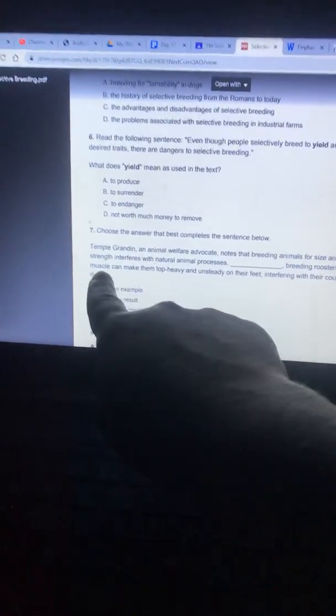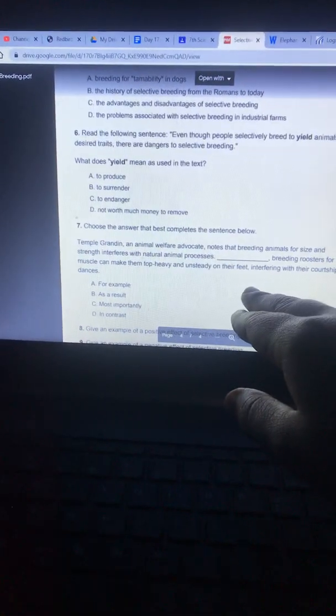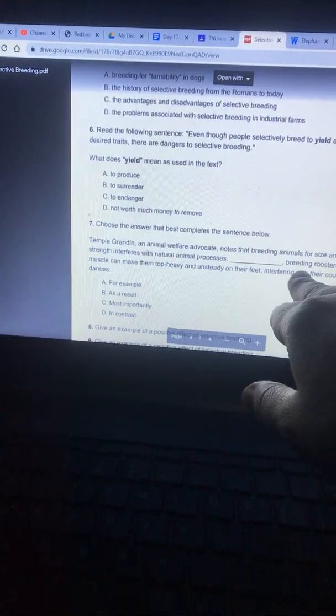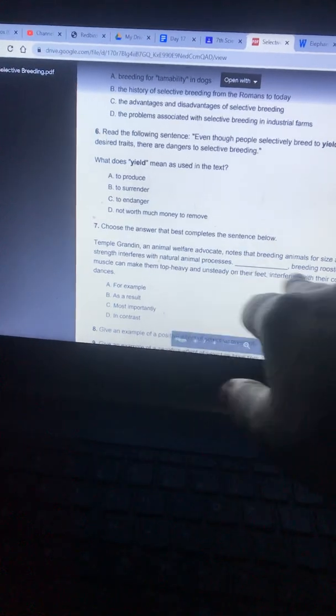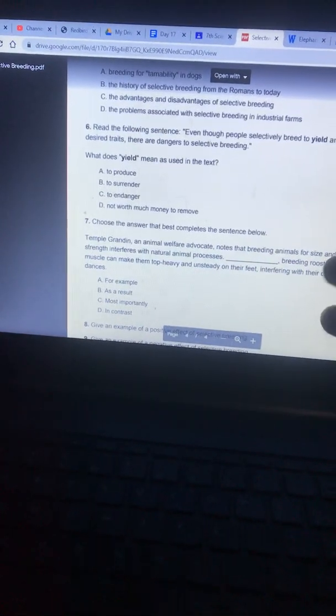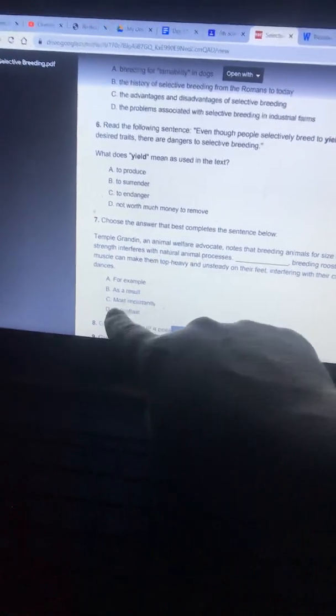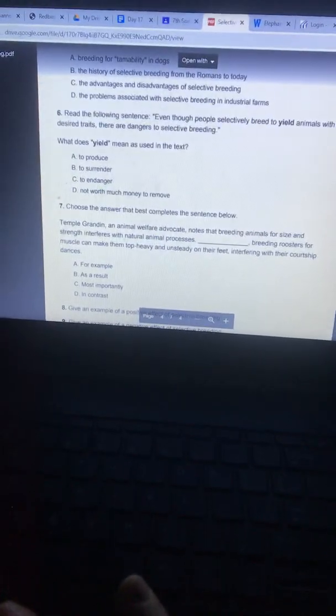So roosters that have these big muscles are top-heavy and unsteady on their feet. Does this support that? If so, it's an example. Is this an effect of this? Then it's a result. Is this just something to note? Then it's most importantly. Or if it's the opposite of this, you would say in contrast.